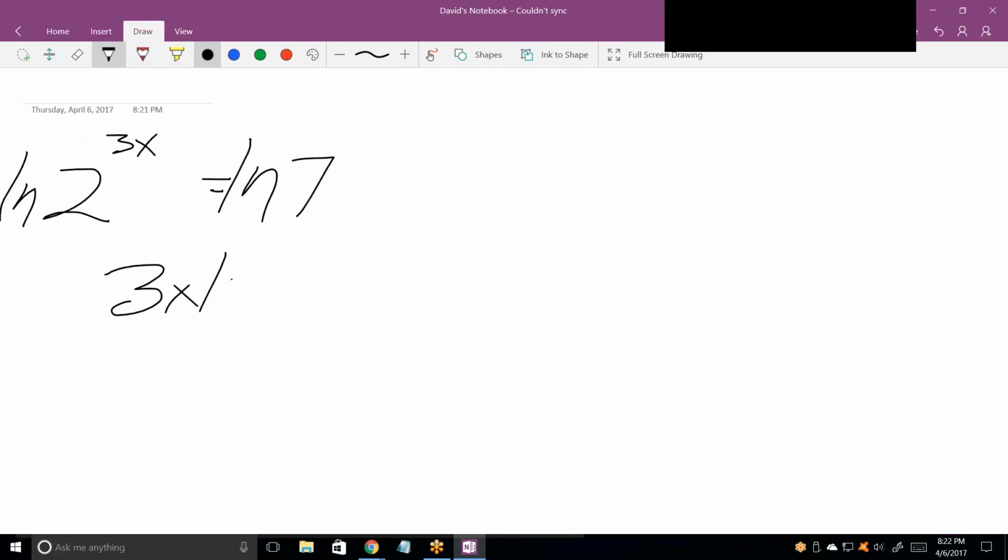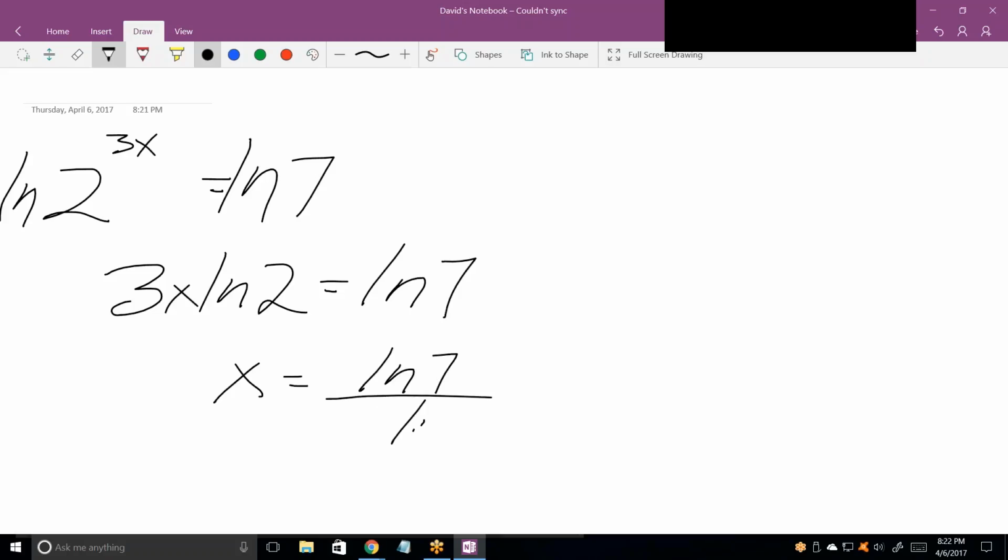Okay. What's x equal? Do you want like the actual or the decimal? Exact. I always want exact. I never want the decimal. Okay, then natural log of 7 divided by natural log of 2, all divided by 3.